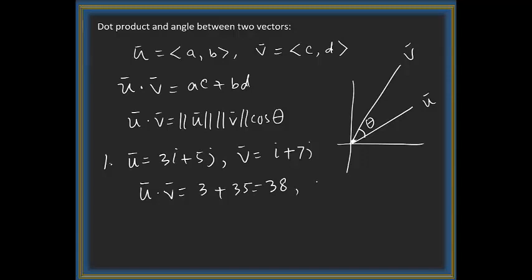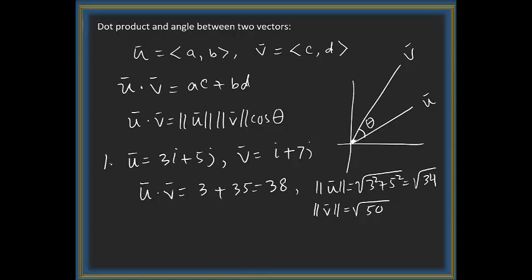First of all, let us see what the magnitude of U is. The magnitude of U will be the square root of 3 squared plus 5 squared, which is 9 plus 25, 34, radical 34. And then the magnitude of V will be the square root of 1 squared plus 7 squared, so this is 50, square root of 50.